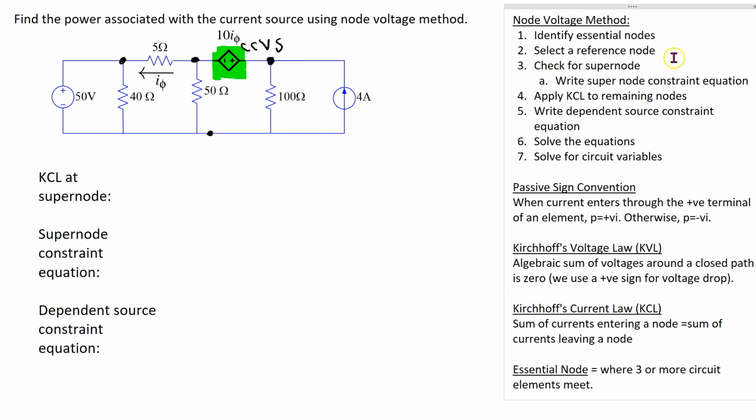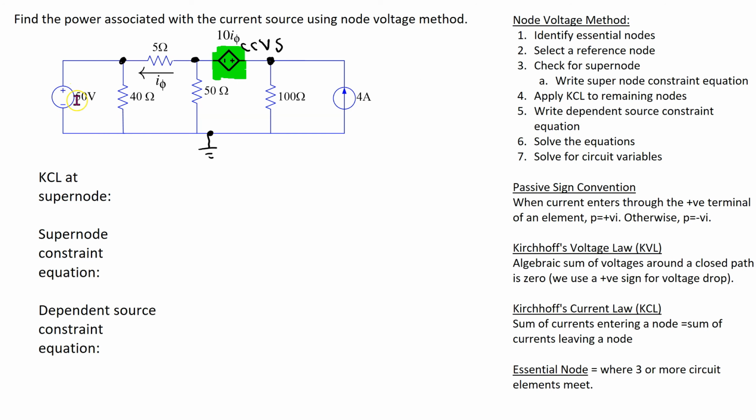Step 2 is to select a reference node, and in this case we can ground the bottom essential node. Now we need to check for supernode. So a supernode occurs when a voltage source, whether independent or dependent, is connected between two essential nodes.